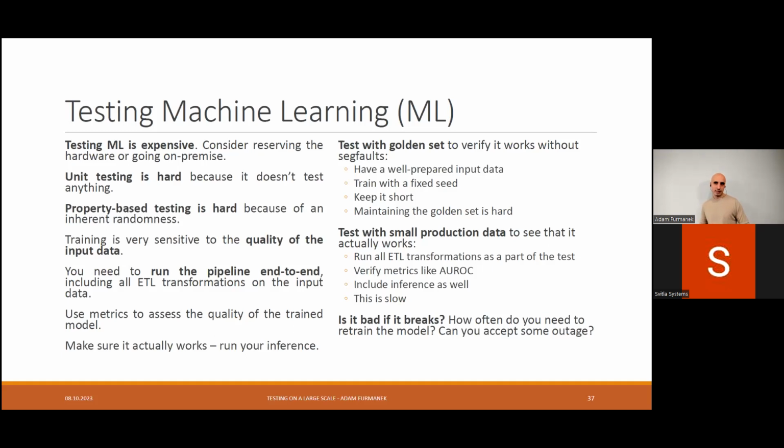Now, how to test it generally? Always test with golden sets. Make sure that you have a tiny data set that you can run with your unit tests, just to make sure that things actually compile and work, there are no segfaults, no stupid typos in Python code, etc. And then have another test suite that runs the same machine learning code on an actual production data set.